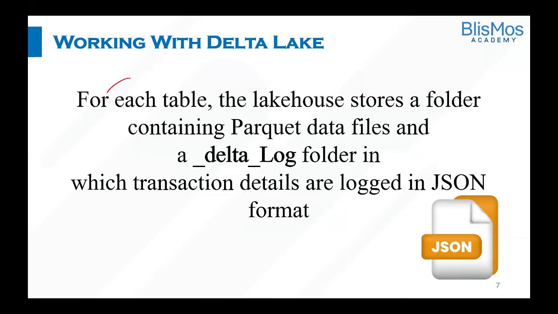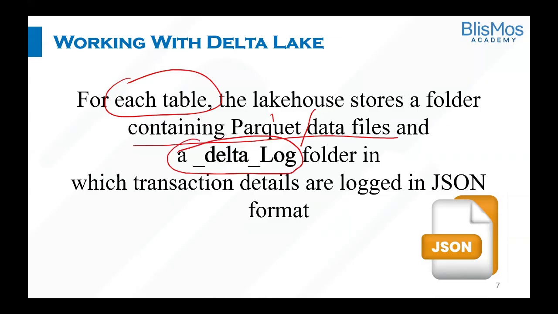Now, for each table, the Lakehouse stores a folder containing Parquet data files. When I say data files, I am referring to Parquet data files. And there is one folder called the delta log folder, where you have transactional details logged in JSON format.